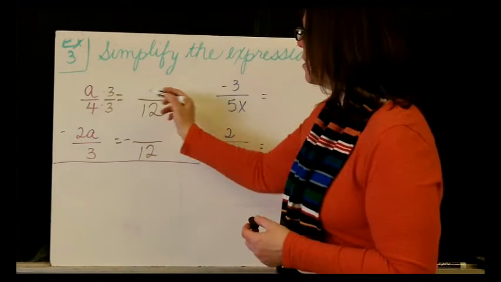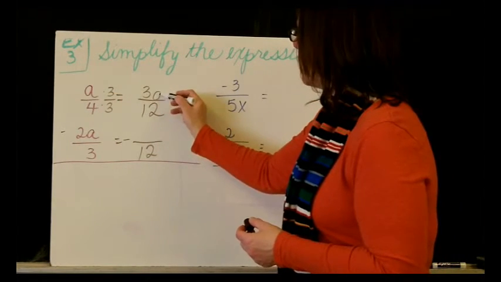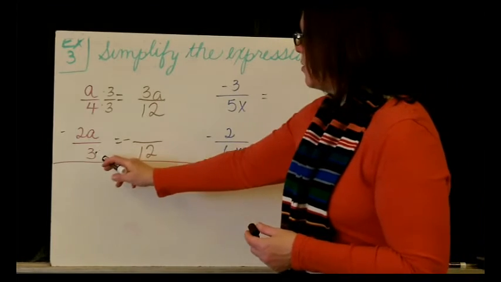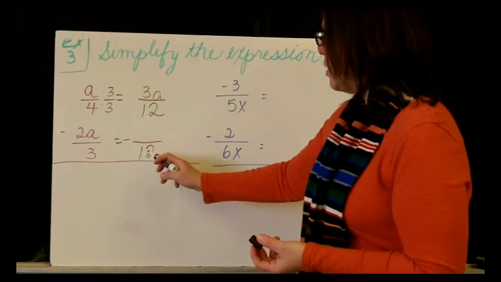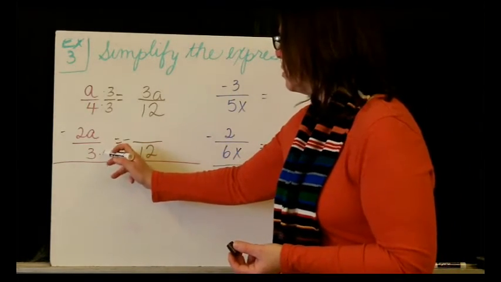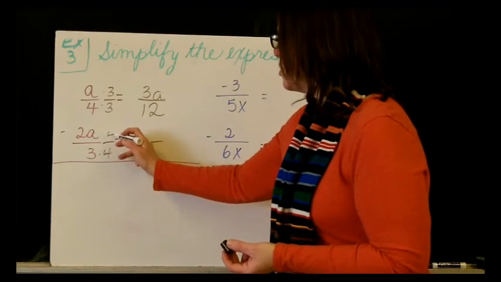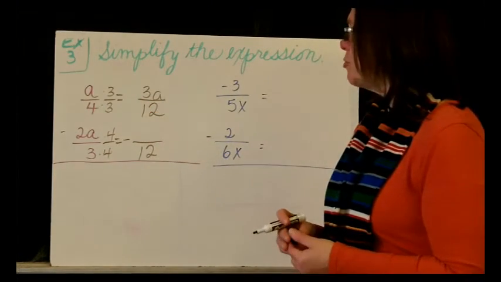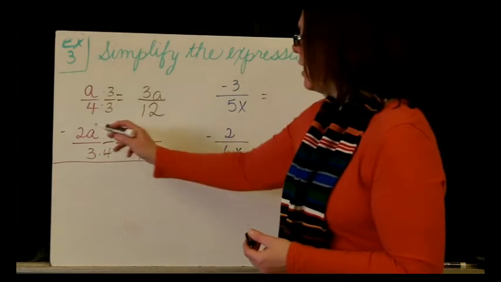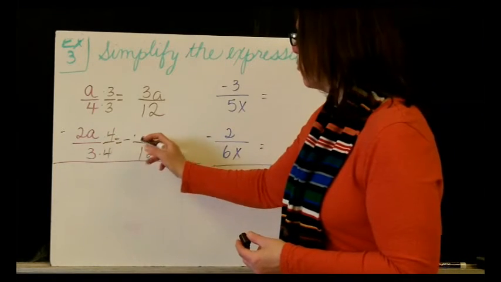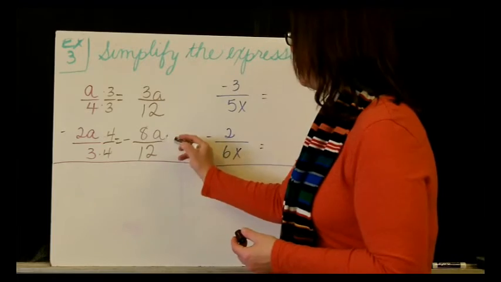So we have a times 3, which is 3a. And then 3 into 12, well, that's times 4, which means I have to also multiply the numerator by 4. And a negative 2a times 4 is a negative 8a.